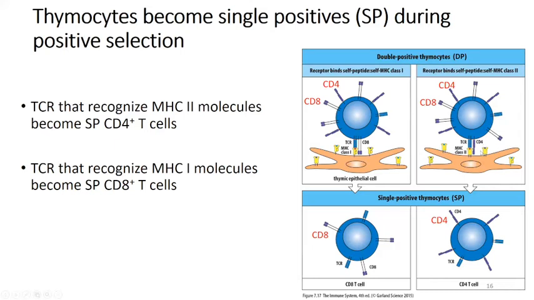That CD4 molecule is what's called a coreceptor. It binds to the outside of class 2. CD4 binds to class 2. Like I said, this is dogmatic. CD4 always binds to class 2. If that's the case, it retains CD4 and loses CD8.